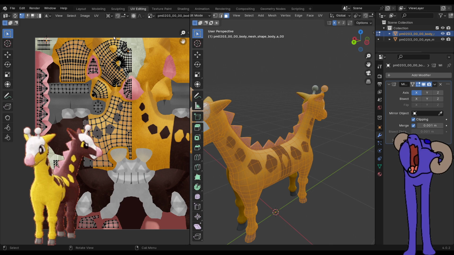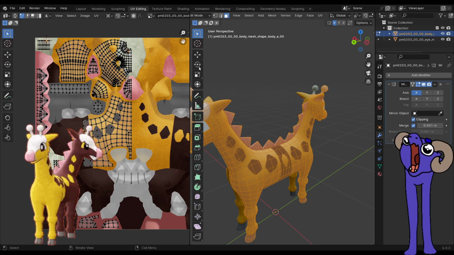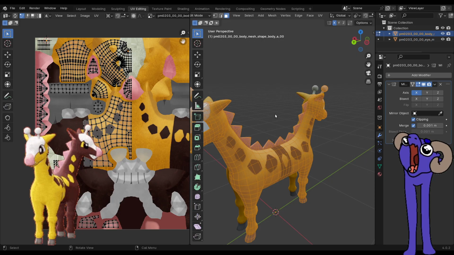If I grab that texture and we open with Krita. Oh geez, I've accidentally rotated the image.